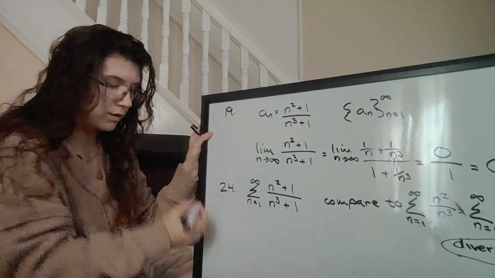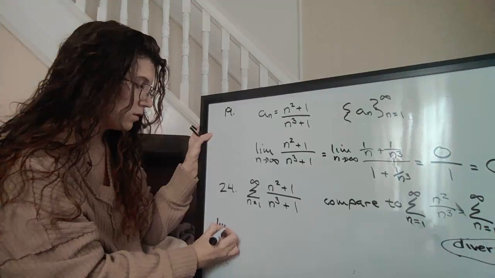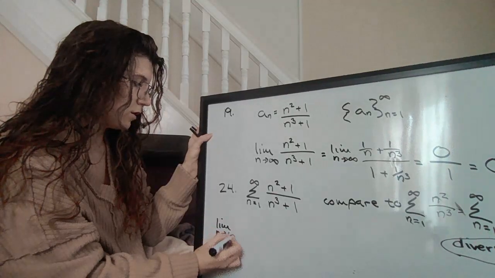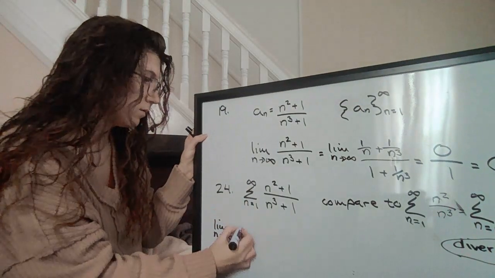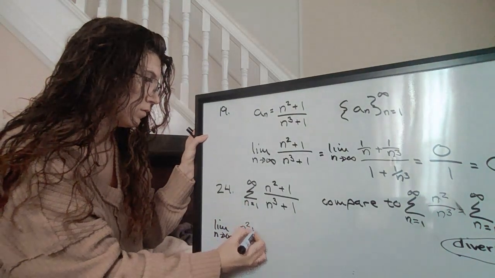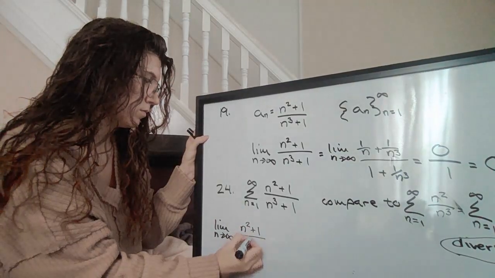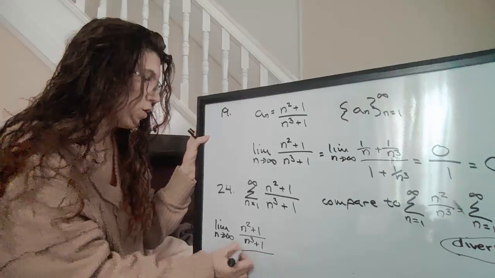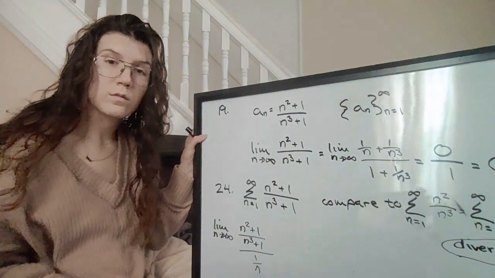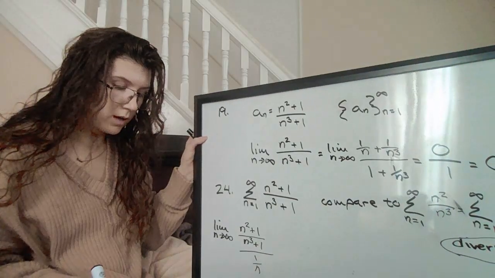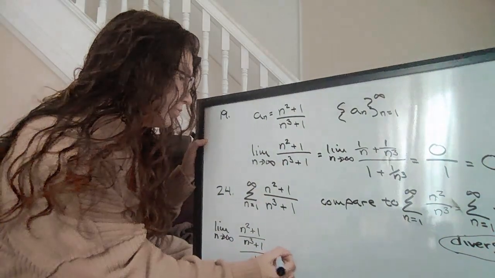So I'll take the limit of n approaching infinity of, and it's going to be this guy over that guy. Right? And then I can multiply by my reciprocal.